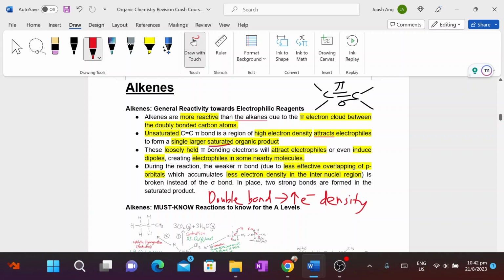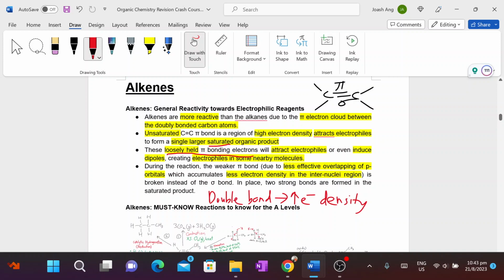Alright, so then the third bullet point, you see that the reason why they are very reactive is because of the loosely held pi bonding electrons that attract the electrophiles or even induce dipoles in, and create electrophiles in, some nearby molecules.